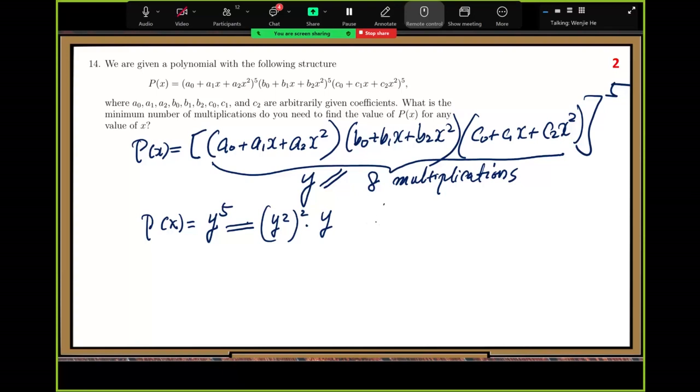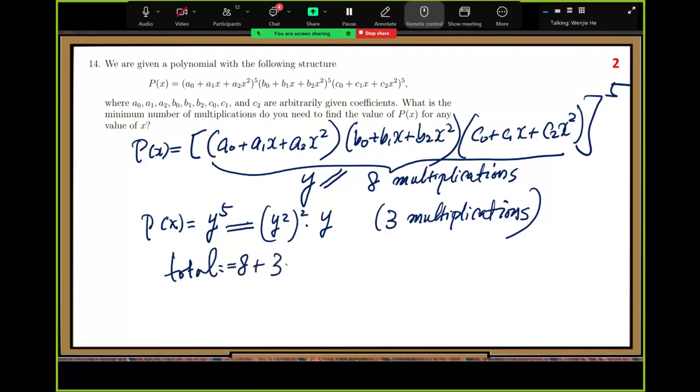That's 3 multiplications. Repeated squaring, you're familiar with that. So the total is 8 plus 3, 11 multiplications. Think about that. 11 multiplications.